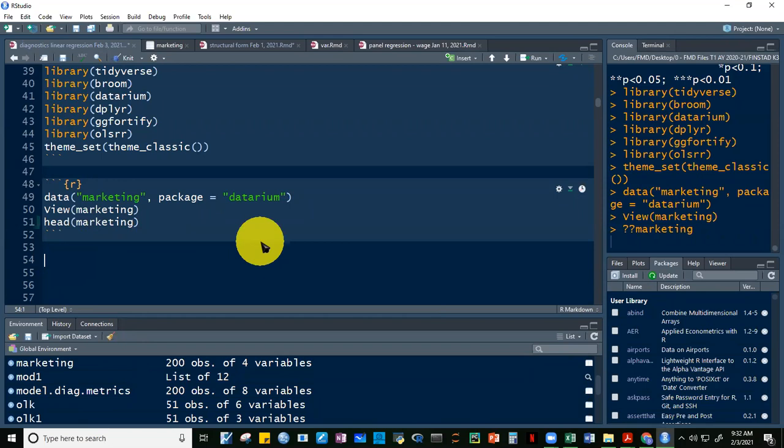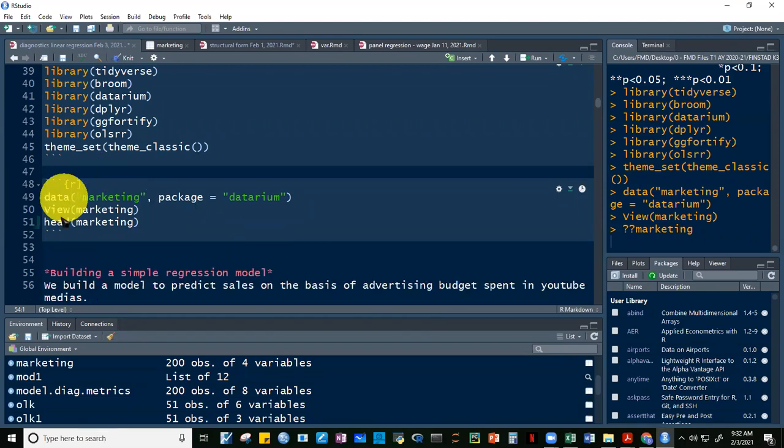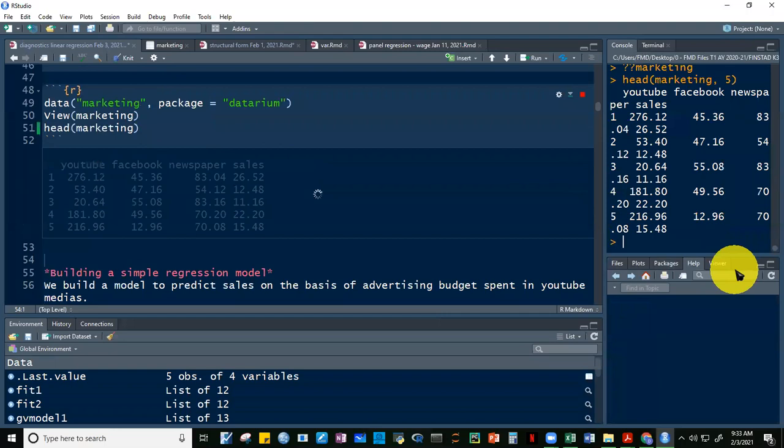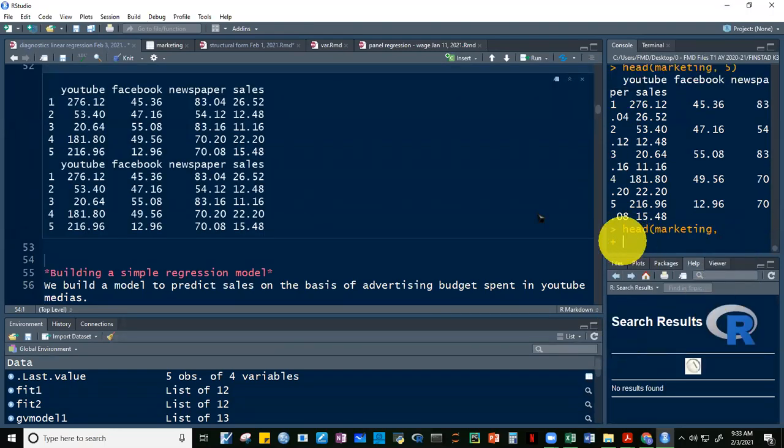Nag-run ba sa inyo guys yung head? Or may ni-run pa ba siya? Ayun, nag-run pa siya. Okay, so ito yung head, no? First 5. Okay.